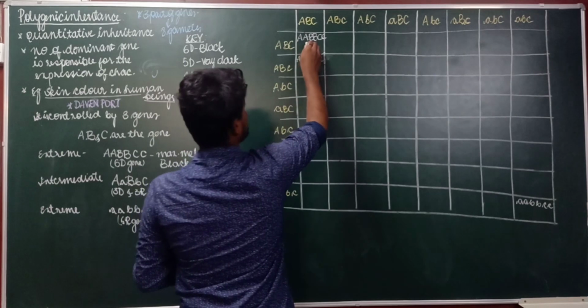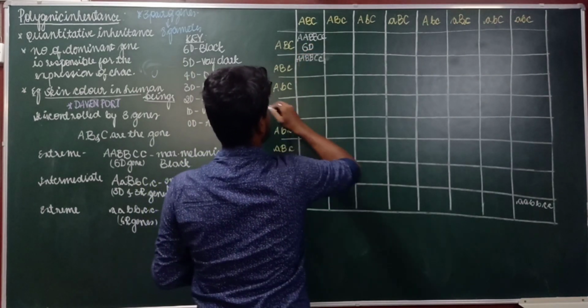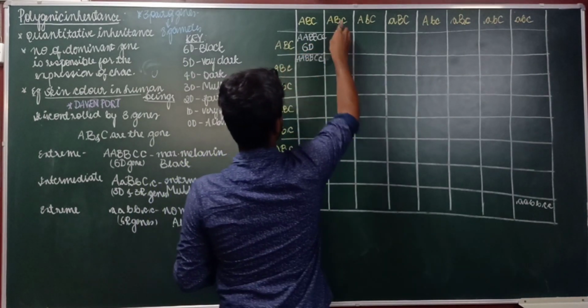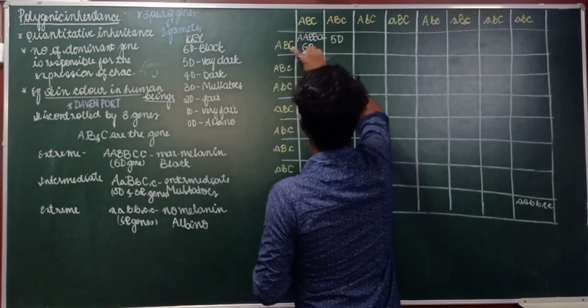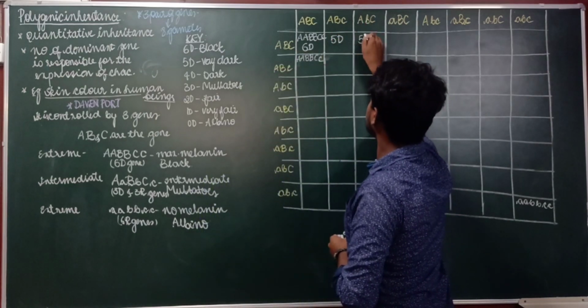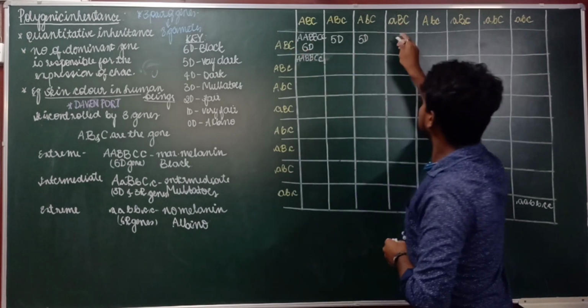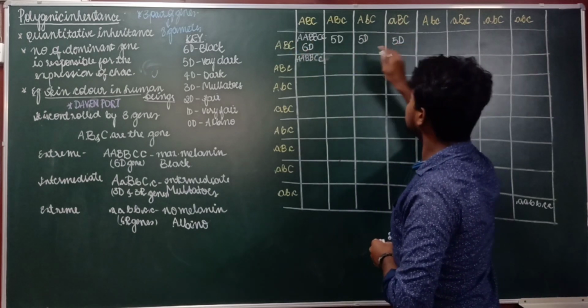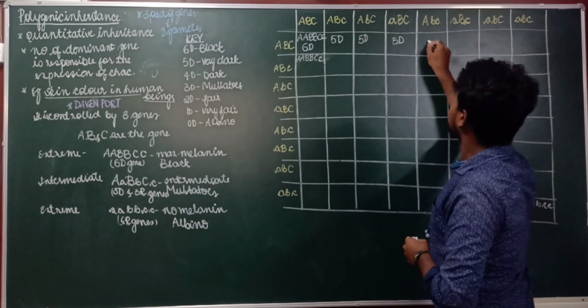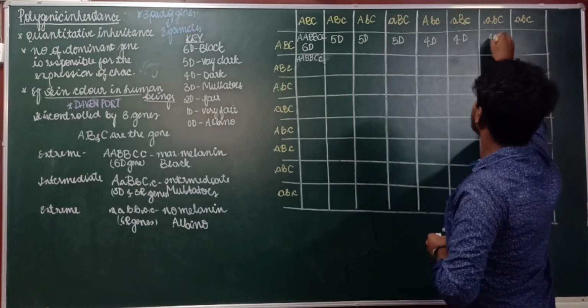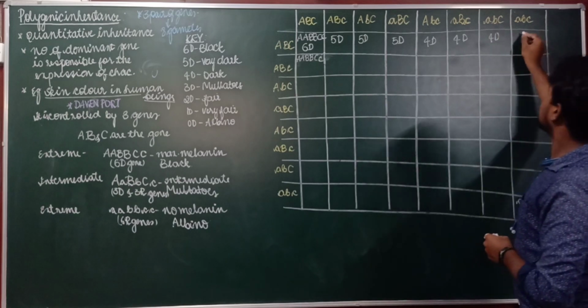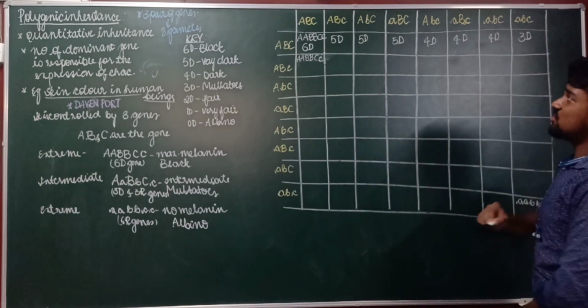Here there are 6 dominant genes. Here there are 3 plus 2, 5 dominant genes. Again 3 plus 2, 5 dominant genes. Again 3 plus 2, 5 dominant genes. Here 3, here 1, 4 dominant genes. Here 4 dominant genes, 4 dominant genes. And here it is 3 dominant genes.